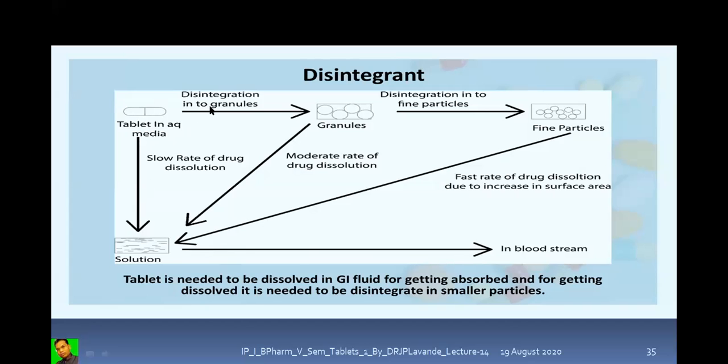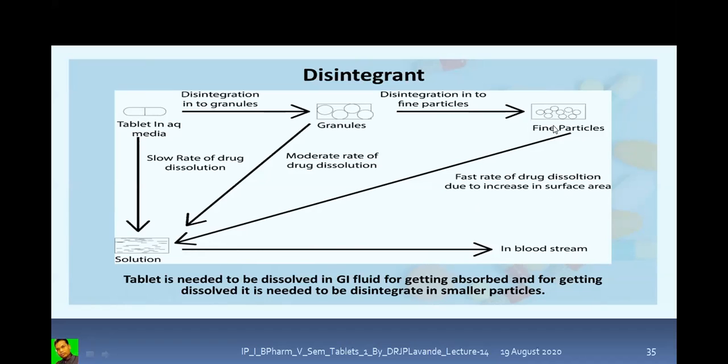Or sometimes the tablet disintegrates and granules are formed, and these granules go into the solution with a moderate rate of drug dissolution. In the third case, the tablet disintegrates into granules, the granules disintegrate into finer particles, and these fine particles go into the solution. And this is the faster rate of drug dissolution due to the increase in surface area.